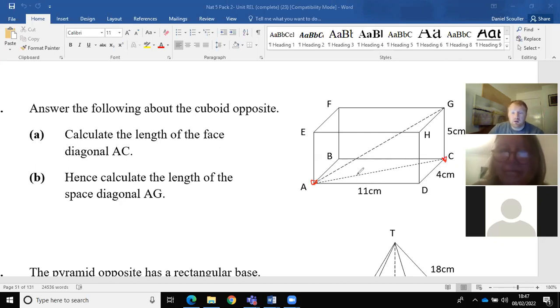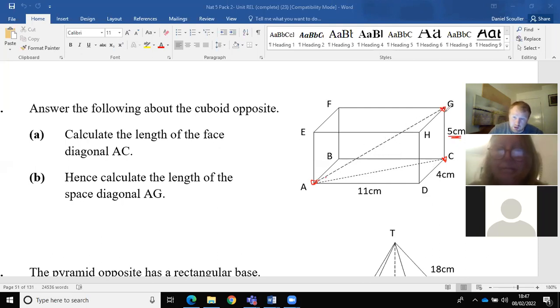So we've found AC, so that runs along the bottom. Now we want to take into account the actual height of it. That actually becomes a side of our next right angle triangle because we're looking for that line AG. Those 3 dots that I've made, that's a slice right through that shape. You can imagine it as a rectangle.